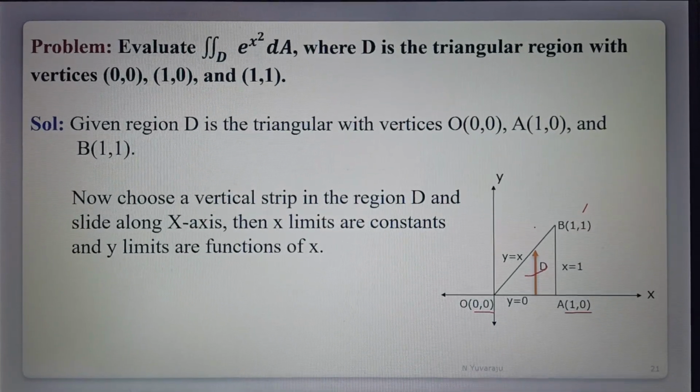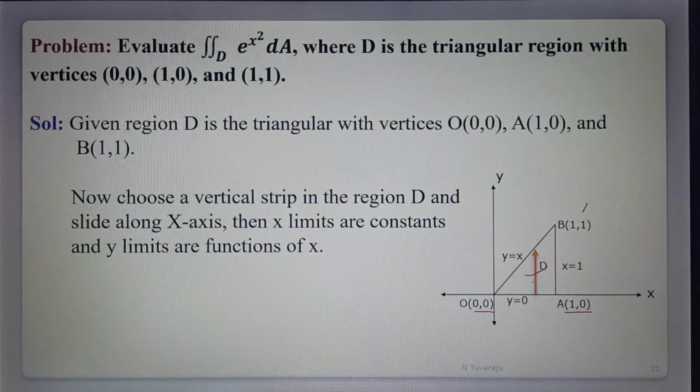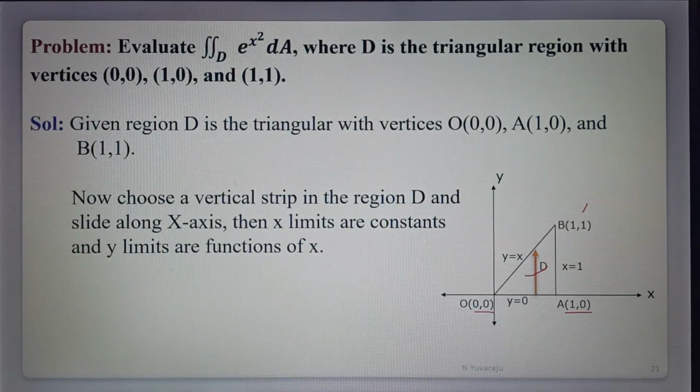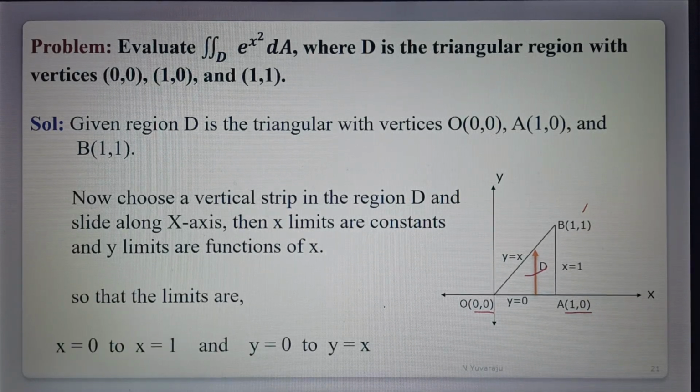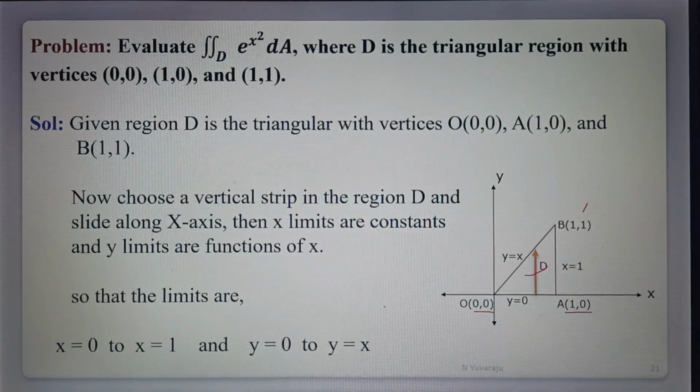In this region, choosing a vertical strip, the x limits are constants and the y limits are functions. The vertical strip slides along the x-axis from the origin 0, 0 to the ending line x is equal 1, so x limits are 0 to 1. The vertical strip's edge on the down curve is the x-axis, y is equal 0, and the second edge on the up curve is y is equal to x. So y limits are 0 to x. That is x is equal 0 to 1 and y is equal 0 to x.